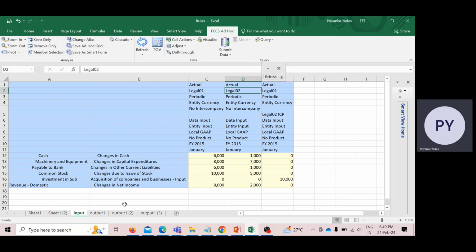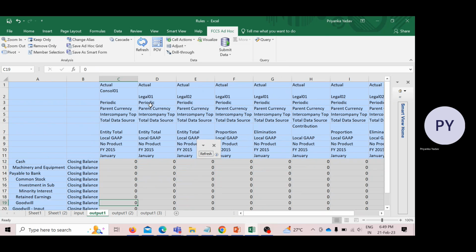This is the input output sheet I have already created. I have taken the entity, this is my parent, Consol01. These two, legal 01 is the holding and legal 02 is the subsidiary. I am looking at them at parent currency, intercompany top, total data source, entity total.